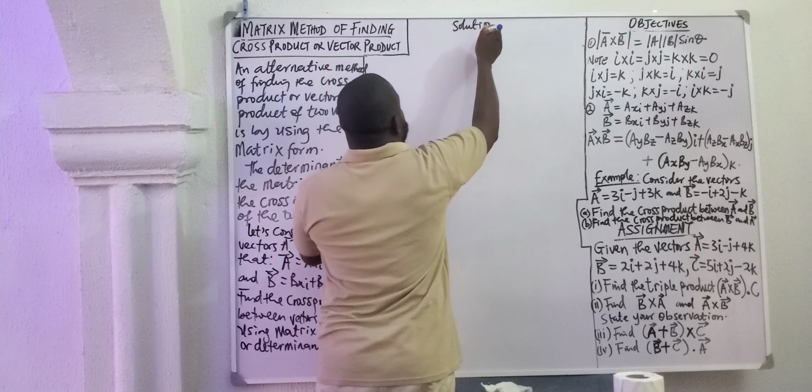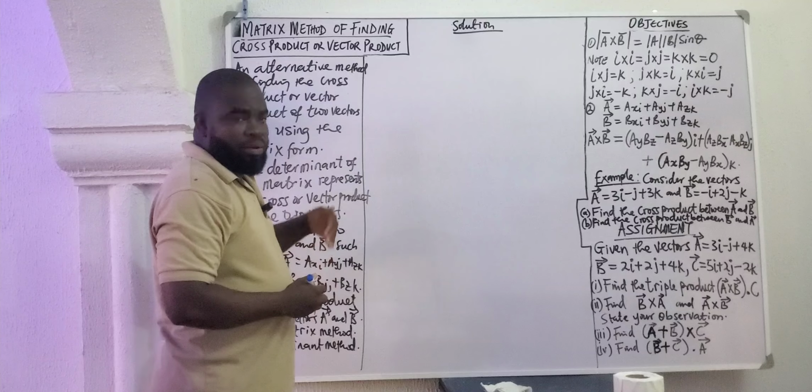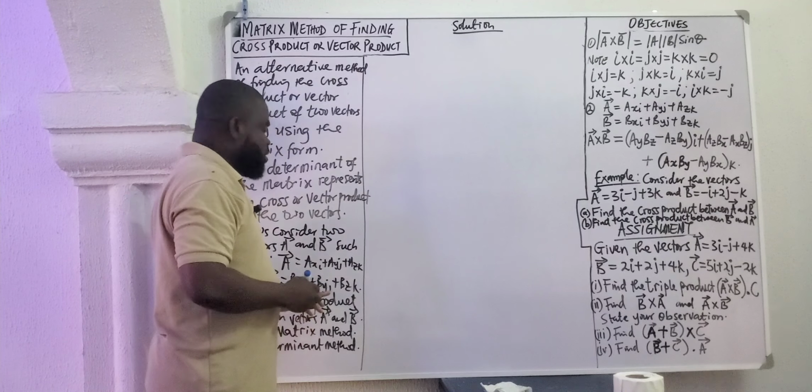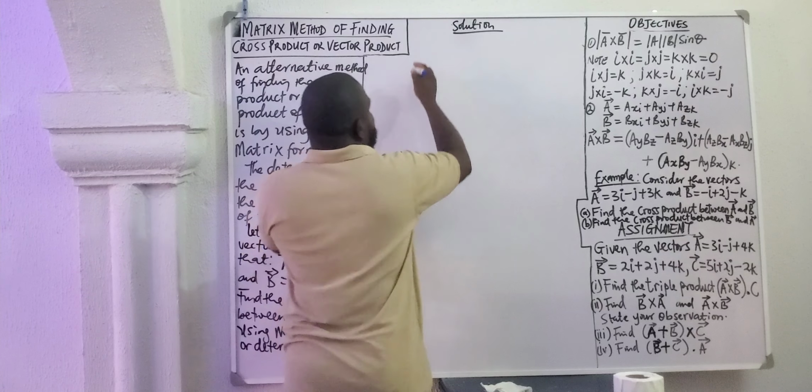to the example we have now is I'm going to represent vector A cross B in matrix form.